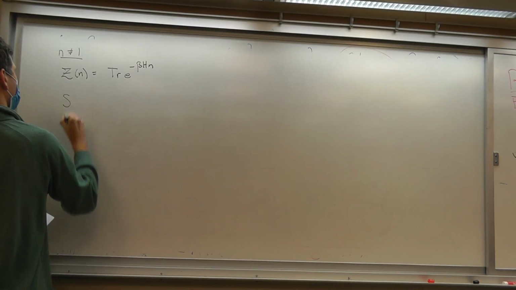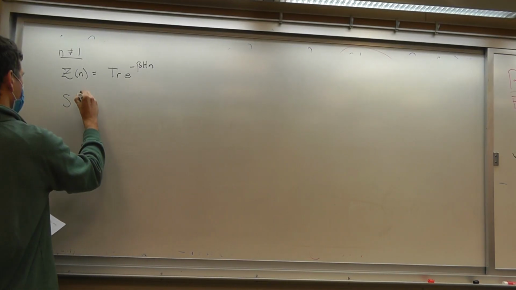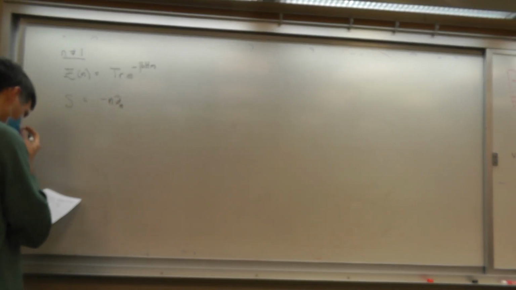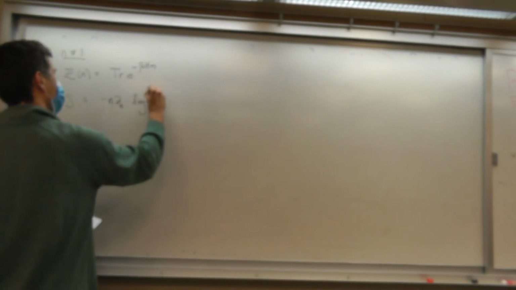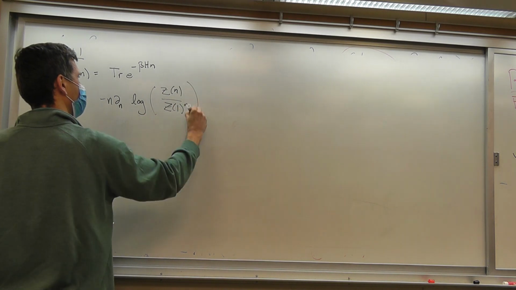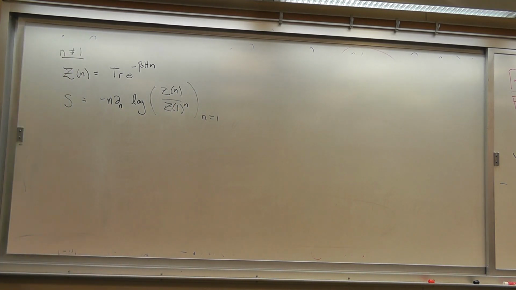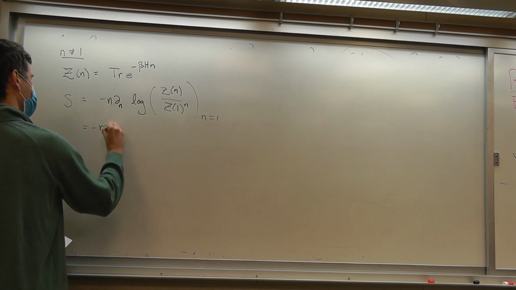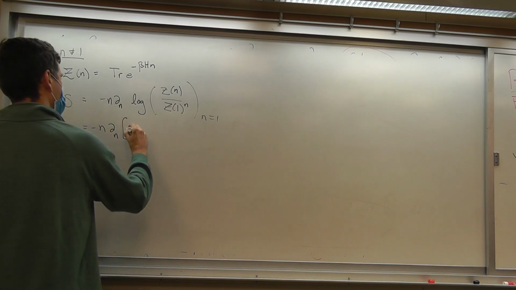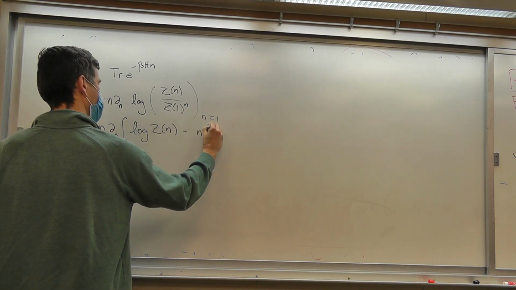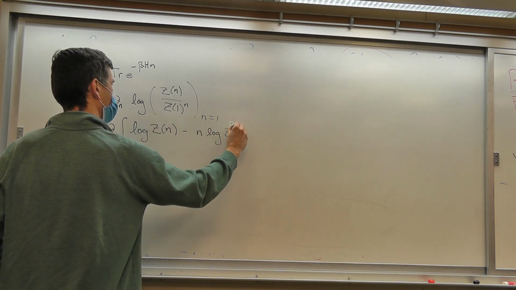And in the replica method, recall that the von Neumann entropy is minus n d_n of log of Z of n over Z of 1 to the n, evaluated at n equals 1, which we can also write as minus n d_n of log Z of n minus n log Z of 1.